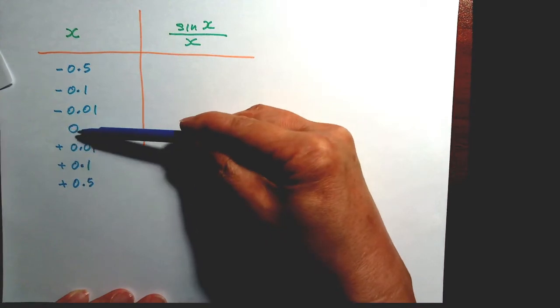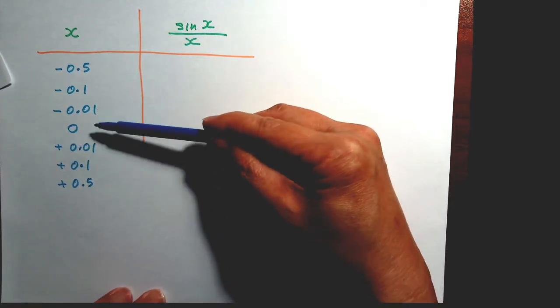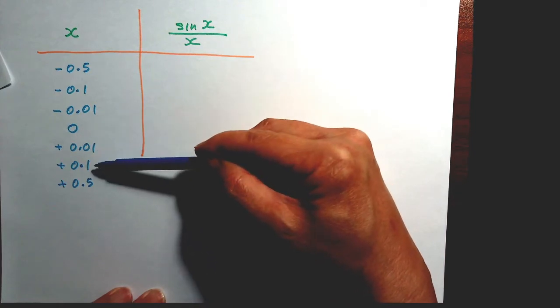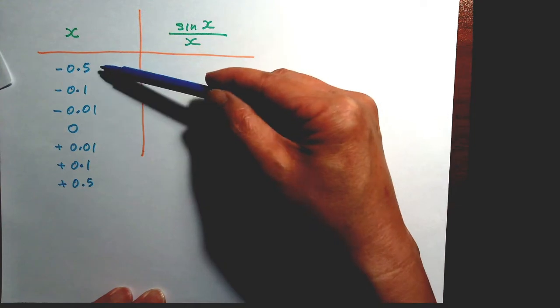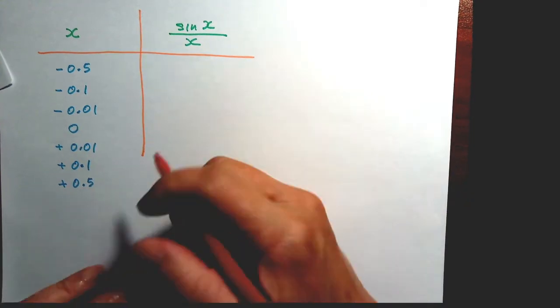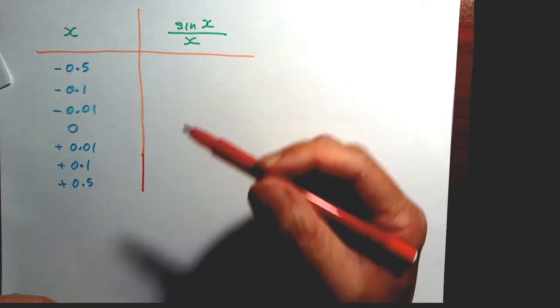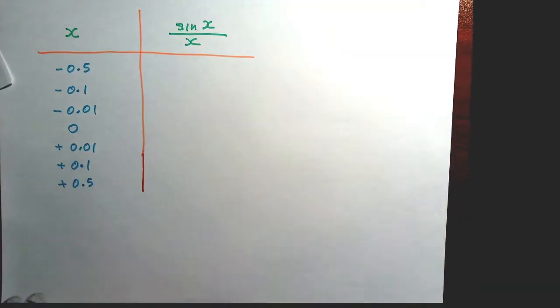Basically, we have 0 here, plus minus 0.01, plus minus 0.1, and plus minus 0.5. Wrong color. Should have been orange. Sorry.